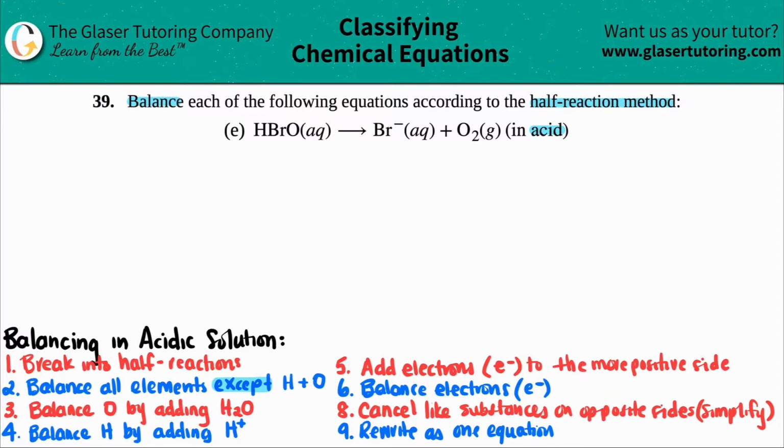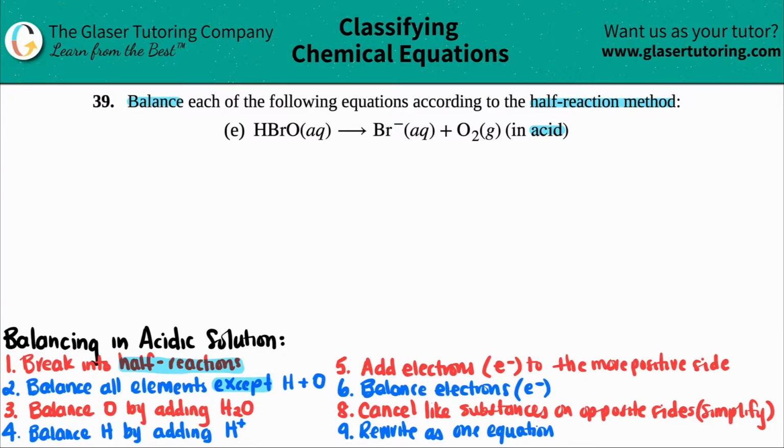The first thing we've got to do is break this whole equation into half reactions. So I'm taking a whole reaction and I'm breaking it into two. In this case, you have to put the like elements, the similar ones, on both sides. Don't worry about oxygen and don't worry about hydrogen, because you will be able to balance those in the coming steps.